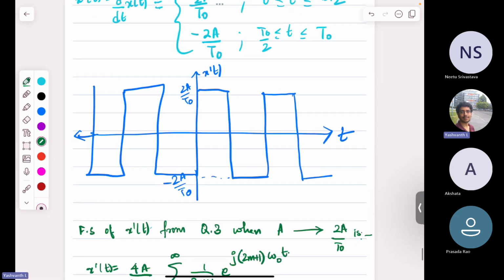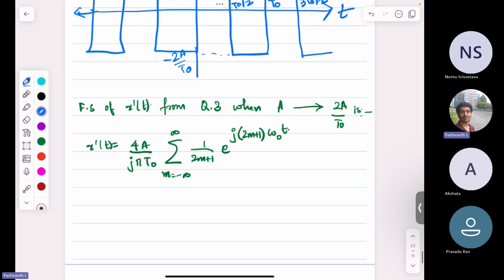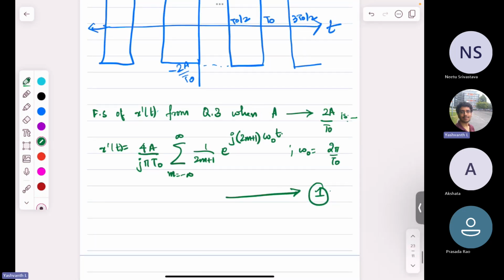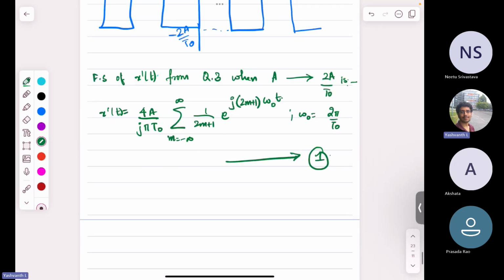Again, note down this T naught carefully, where omega naught equals 2 pi by T naught. This is equation 1.